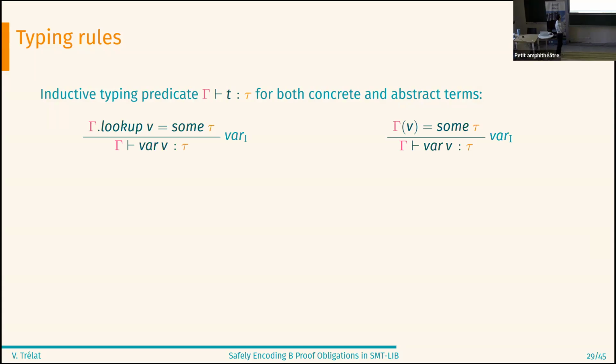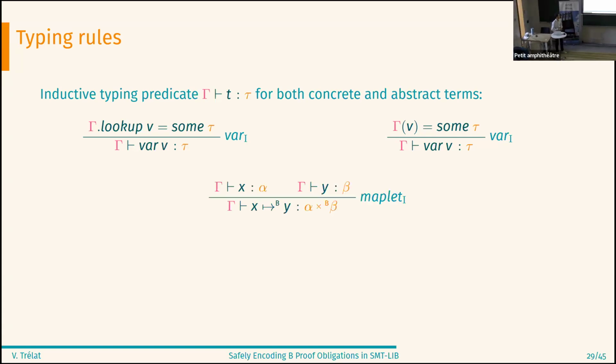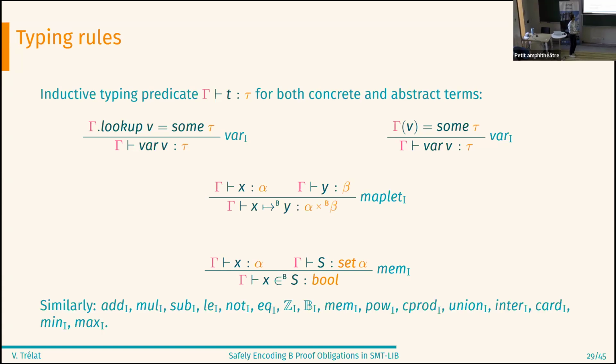For example, for the variable rule, the method allowing me to take a look at what is in gamma is called lookup. Whereas in the abstract world, I'm just evaluating things on my abstract data structures. Really easy. The rules not involving variables are all identical, of course. So just an example with maplet and membership, and actually all the other rules that do not involve variables.